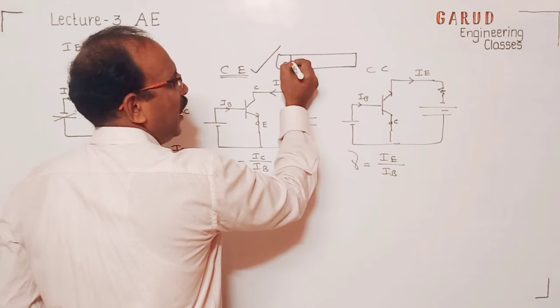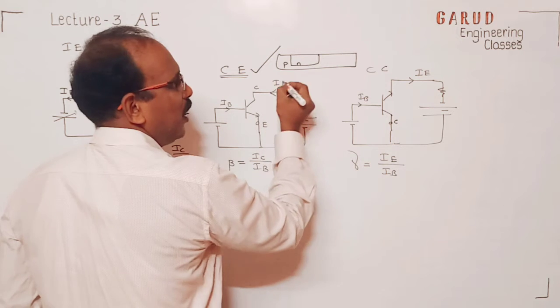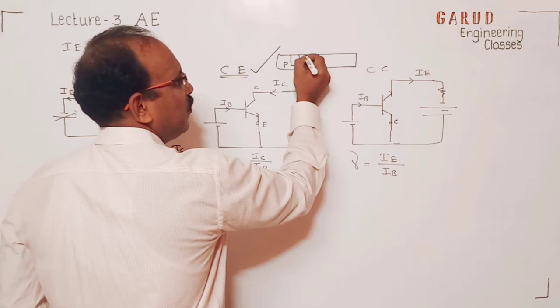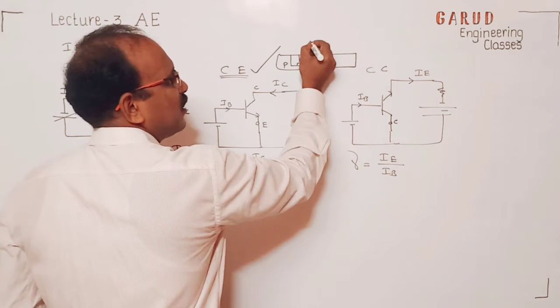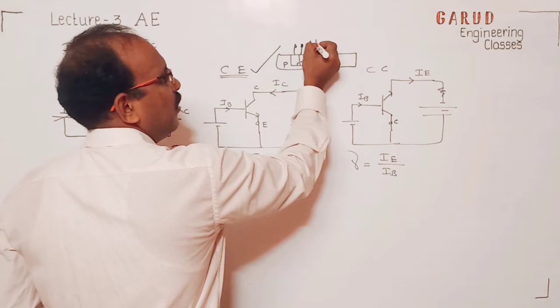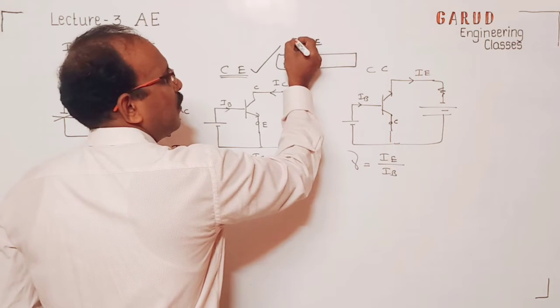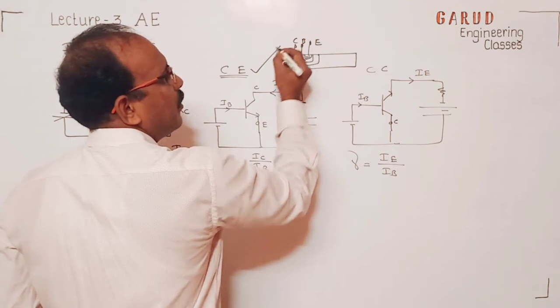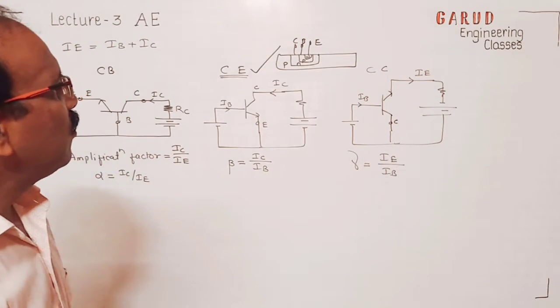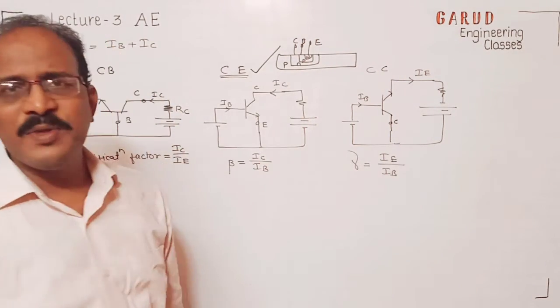Then we make an N type well, then a P type well, then an N type well. So this is base, emitter, and collector. Collector is wider than all. So the fabrication of this type of transistor is very easy.